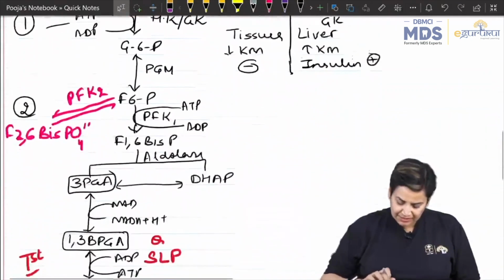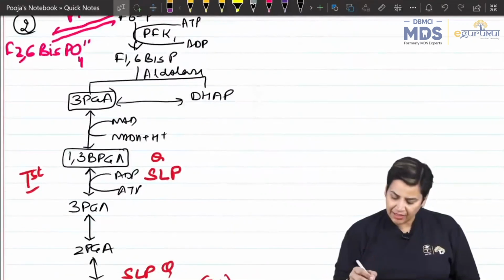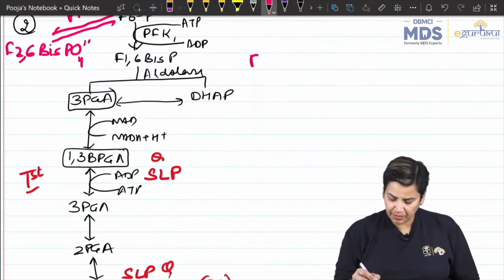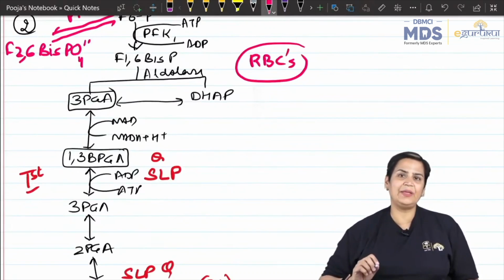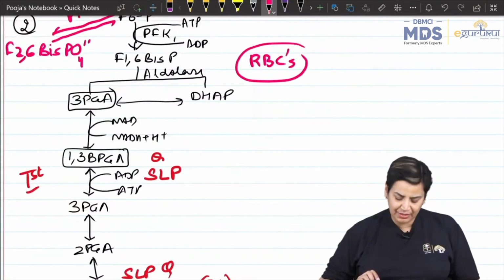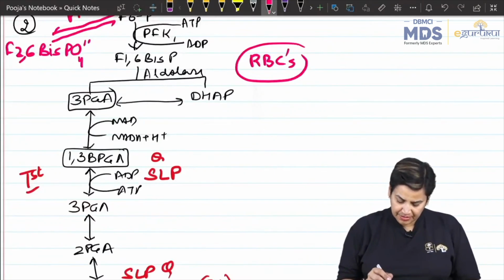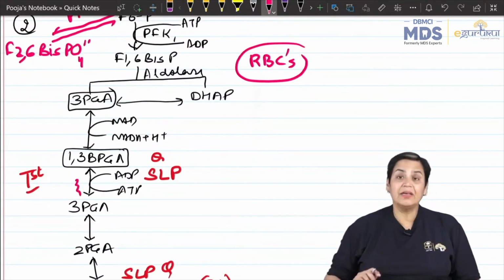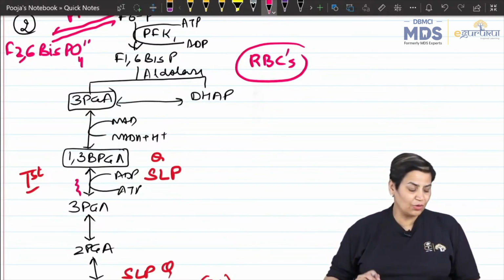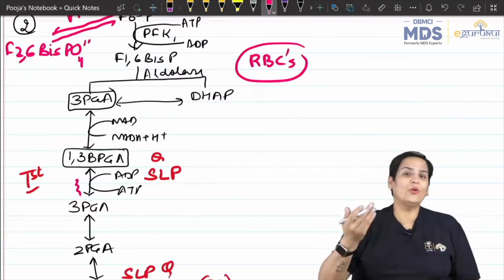So what happens is, in our red blood cells, the ratio of ATP to ADP is inactive. Means this step can be bypassed in RBCs because it is not required. So how is it bypassed?